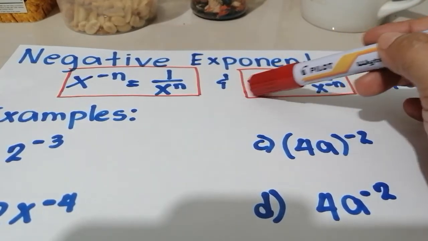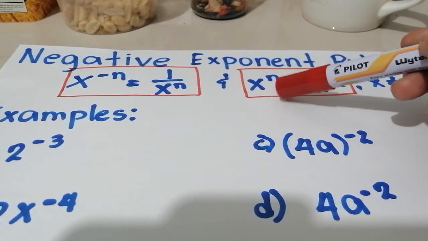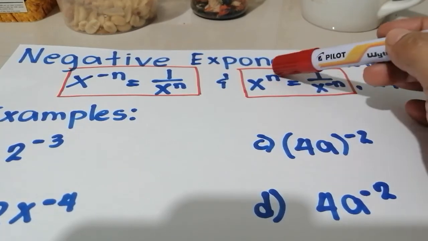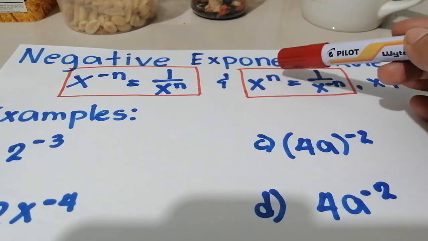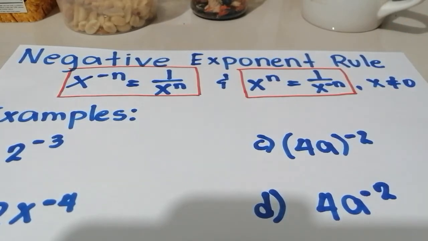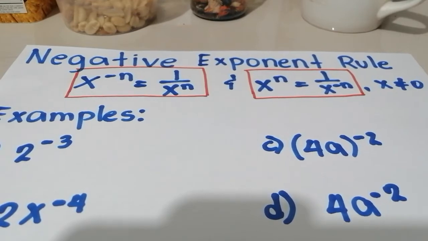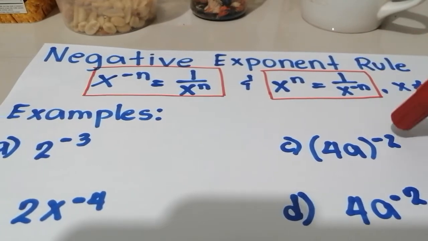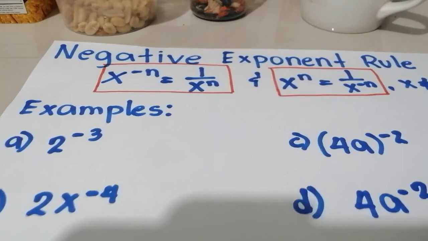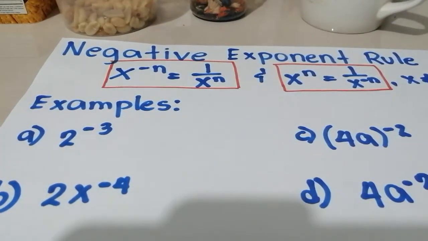But since the denominator is 1, we don't need to write it. Kaya, nagiging equal lang siya sa x raised to the n power. Okay? So, that's the negative exponent rule. To further understand what I'm saying, let us take a look at these examples.